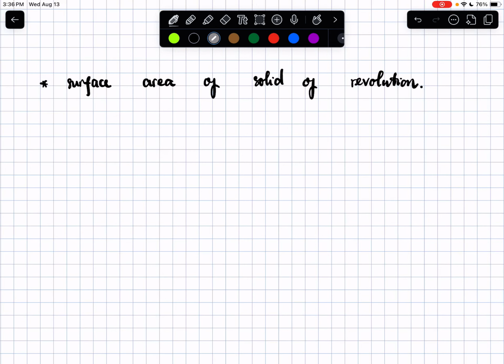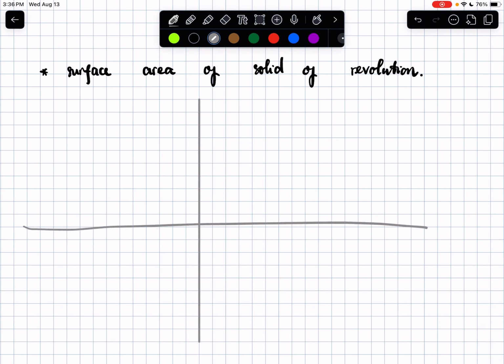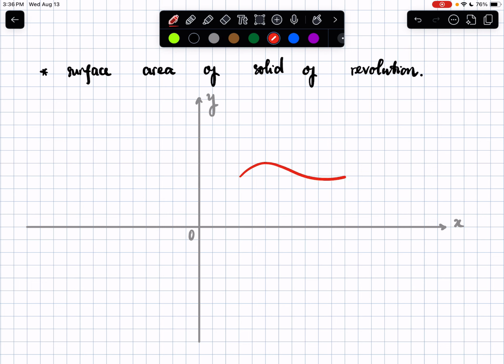We want to understand how to compute the surface area of a solid of revolution. So here's an xy plane, and assume that we have a curve, say this curve, y equals f of x, where x goes from a to b.